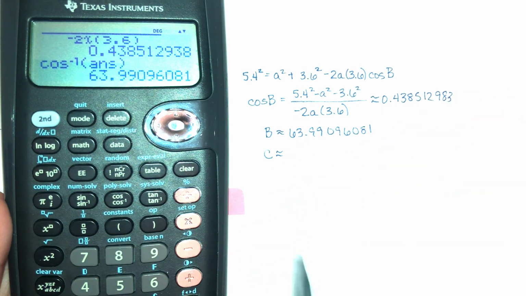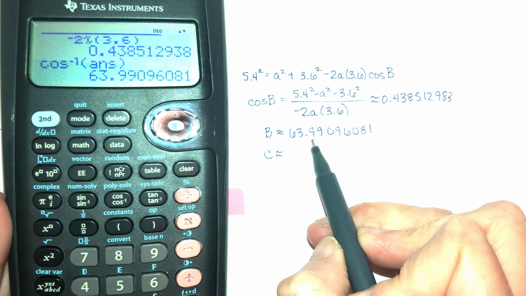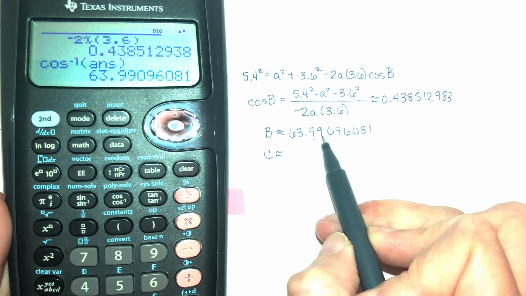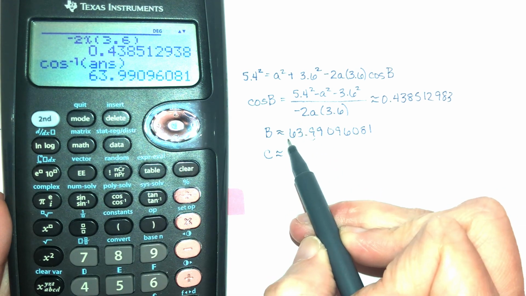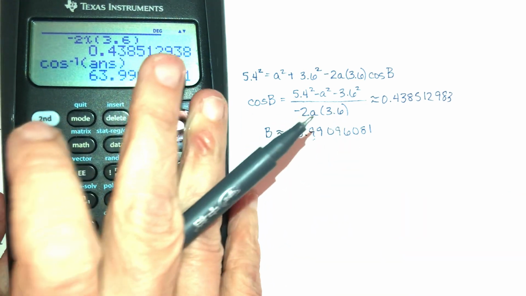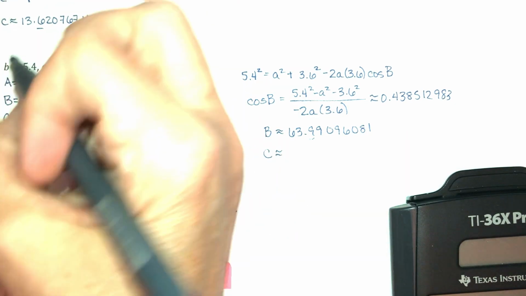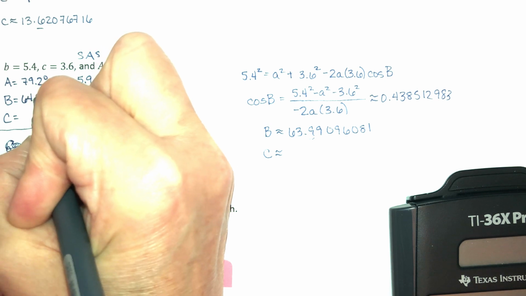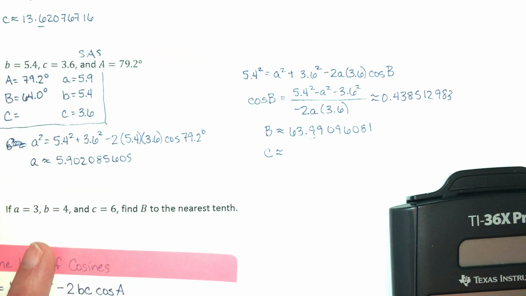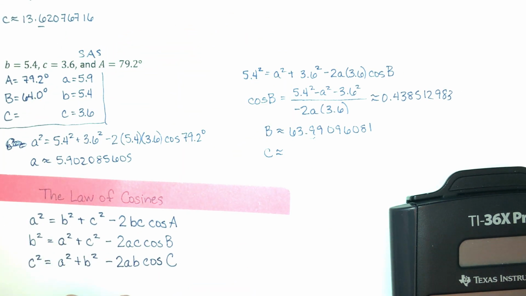So I want to round this to the nearest tenth, and that bumps up to a 0, so this becomes 64.0. Don't leave off the 0.0 if you're asked to round to the nearest tenth.